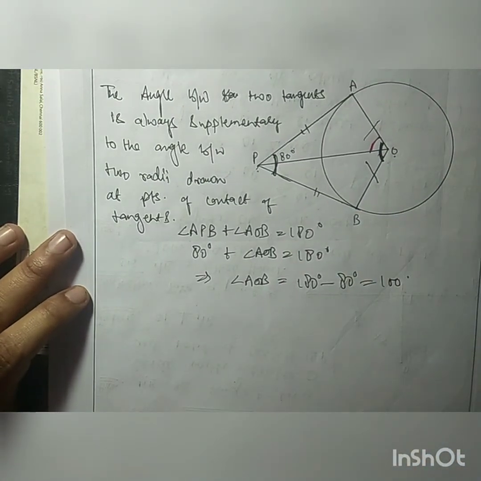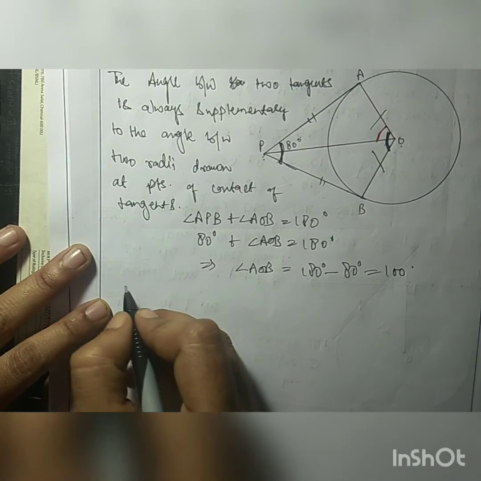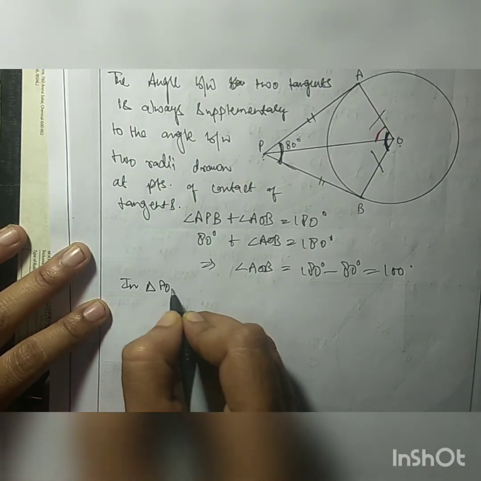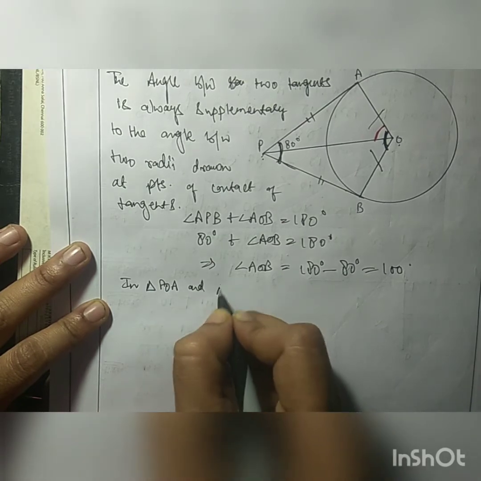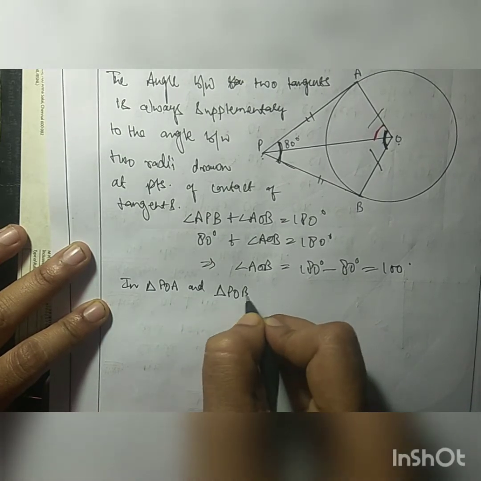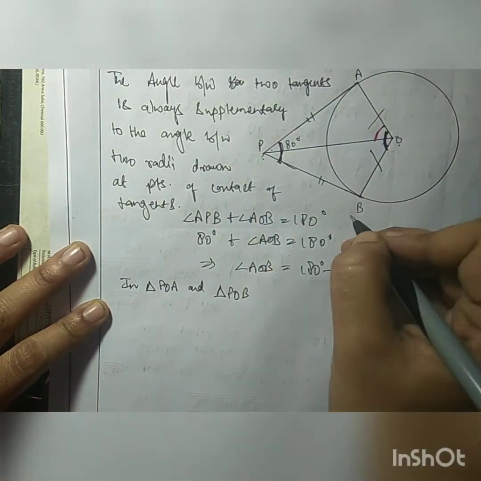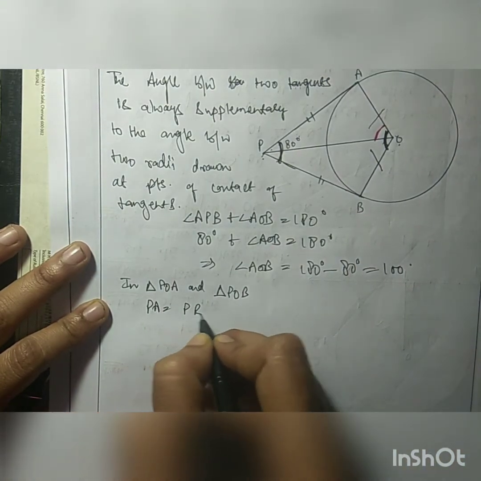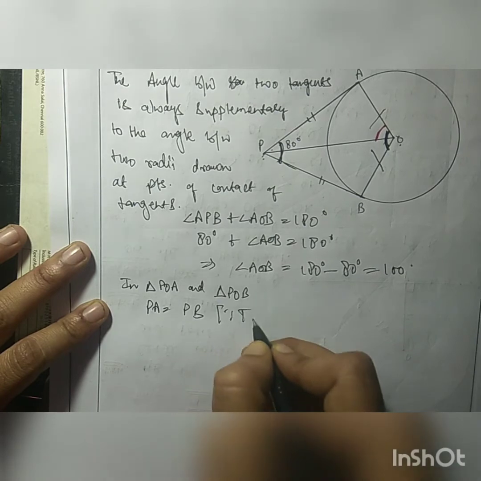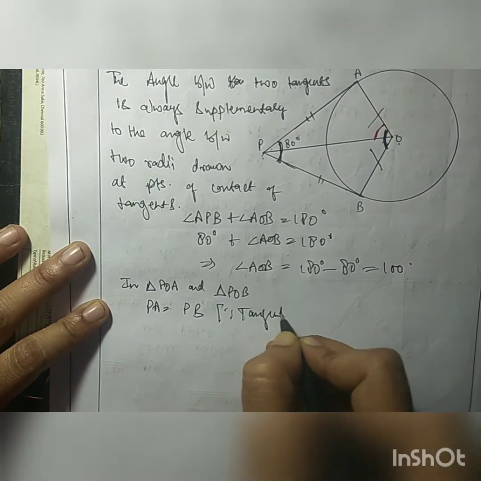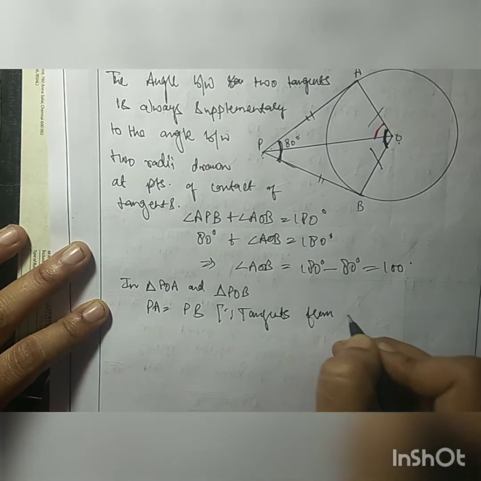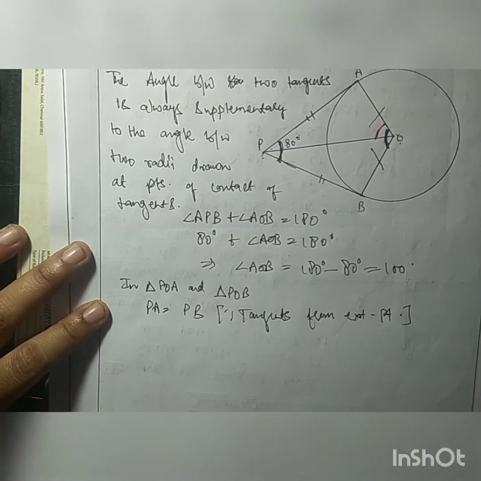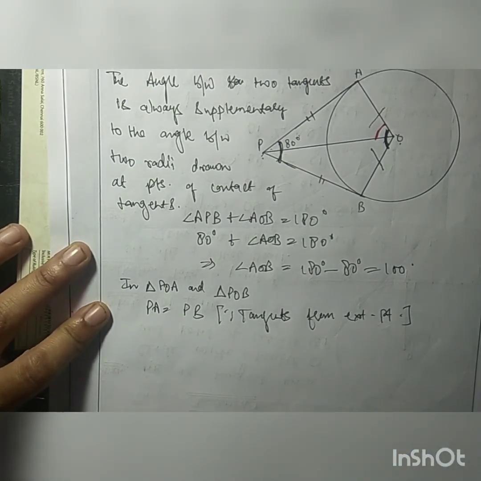Now look here, if we take triangles POA and POB. Here PA is equal to PB because these are tangents from an external point, and you have studied in theorem 10.2 that tangents from an external point are always equal in length.